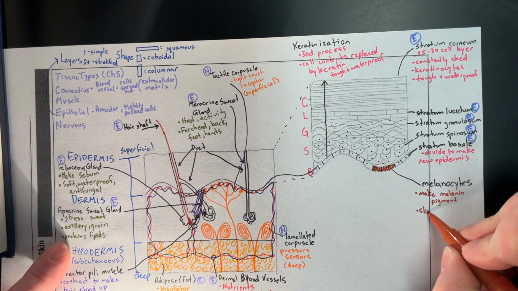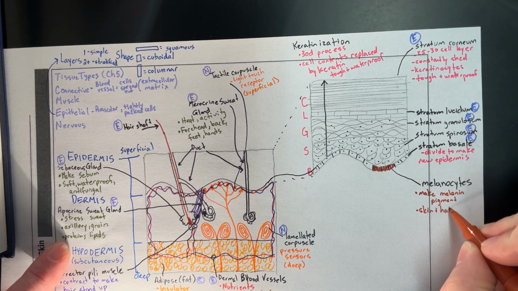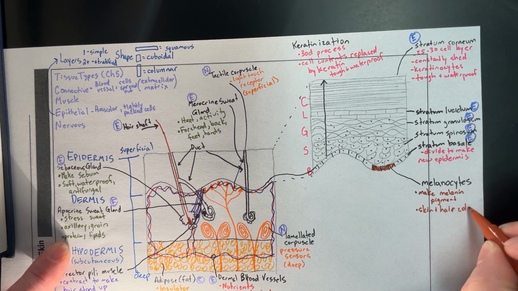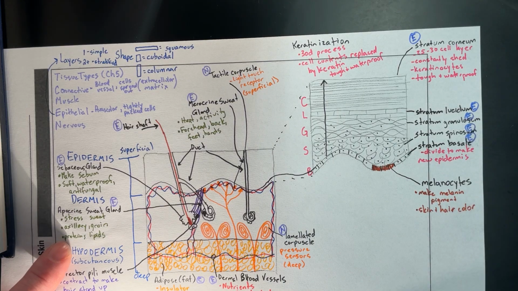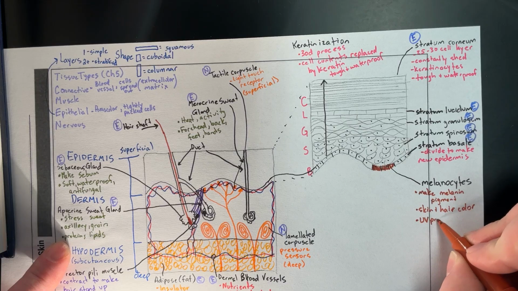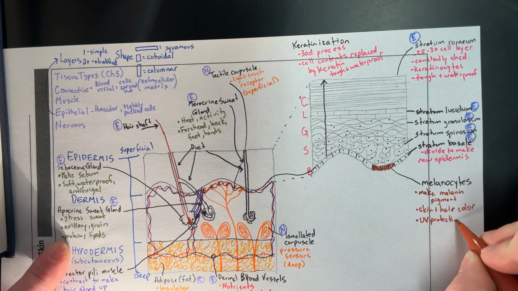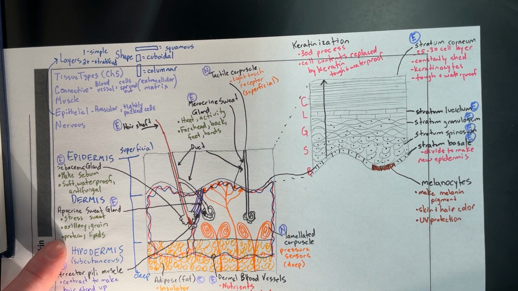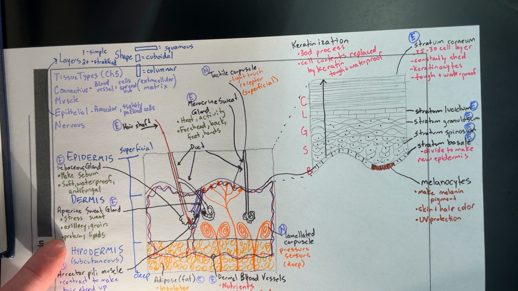So that's your skin and hair color, brought to you by melanocytes. And that also gives you UV protection. Different people can have different amounts of melanin and different types of melanin. I know that there's at least 3 different types of melanin. And people that have darker skin are going to have more melanin.